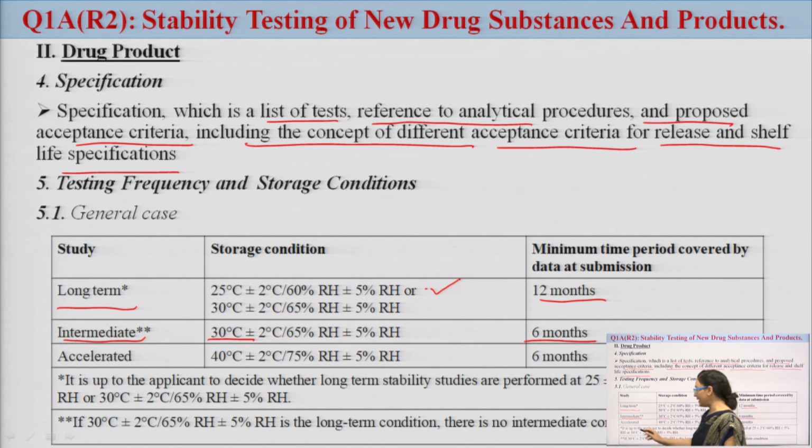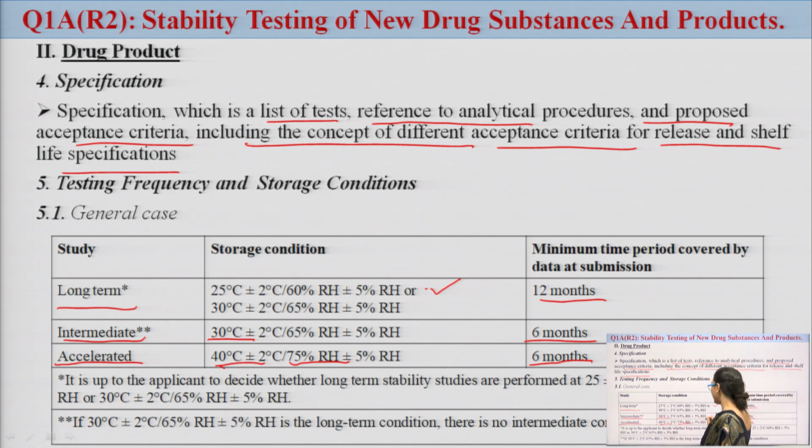For accelerated study, the guideline recommends 40 degrees Celsius temperature and 75% RH, and this study generally covers 6 months. That means we need 6 month data for submission of drug product.